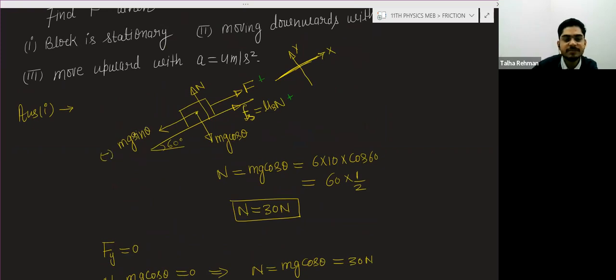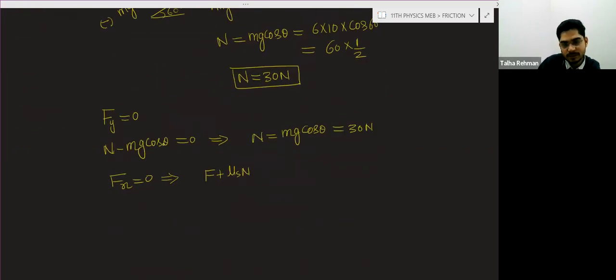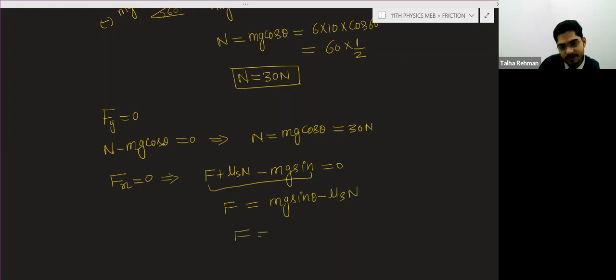So it will be minus mg sin theta, and this whole is the net force, equal to 0. So you can write F is equal to mg sin theta minus mu s into N. Now you can find the value of F.